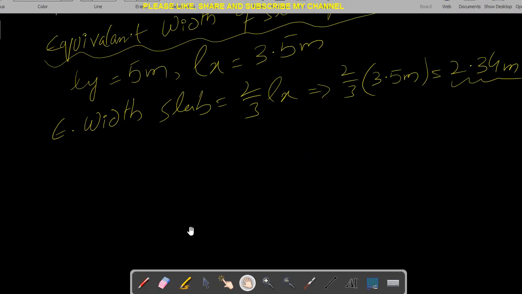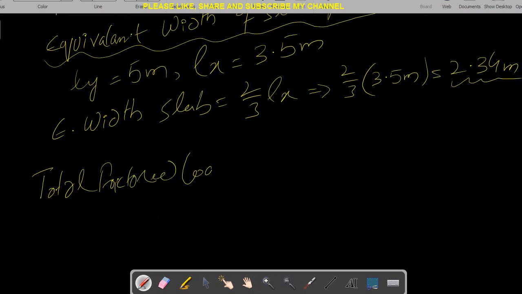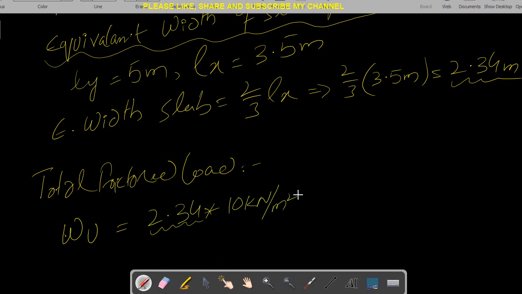And now we have to find the total factored load. So the total factored load, which is WU, will be 2.34 times the unit load. I have already discussed that we multiply the equivalent width with the unit load, which we calculate in kilonewton per square meter, and it is given to us as 10 kilonewton per square meter.